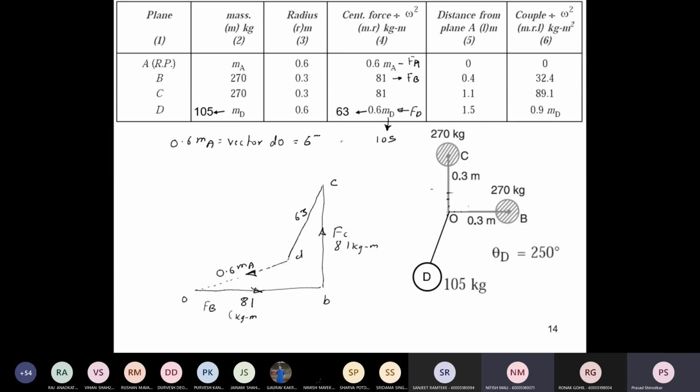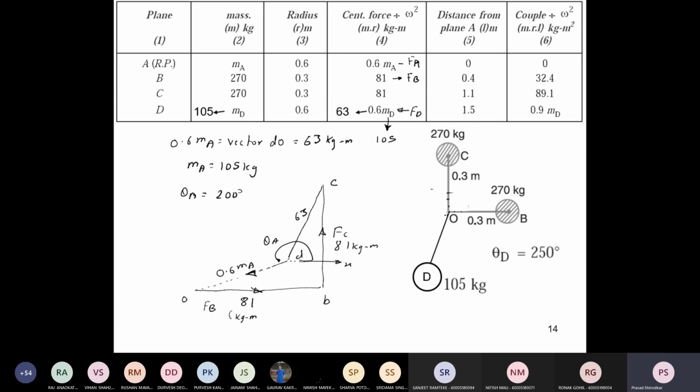So this comes out to be 63 kg meters. So MA also comes out to be 105 kgs, right? And measure theta A. So this is your positive x-axis, and this is your theta A. So theta A comes out to be 200 degrees.